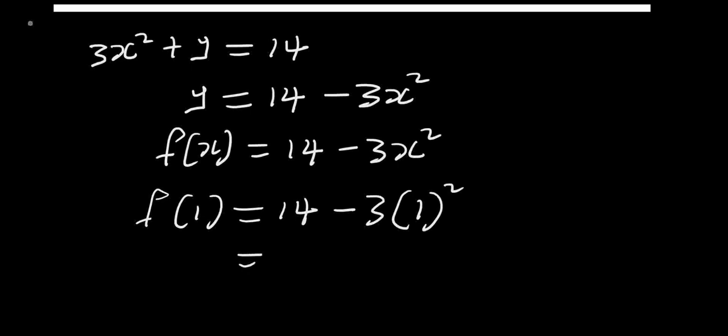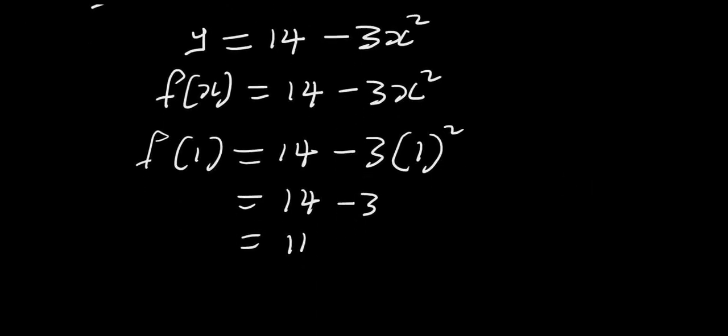And this will be equal to 14 minus 3, since 1 squared is 1, and 1 times 3 is 3. That's going to give you 11. So 1 being an input led to exactly one output value of 11. So for every input that will be plugged into this relation, it will lead to exactly one output. Therefore, this relation is a function. I hope this makes some sense.